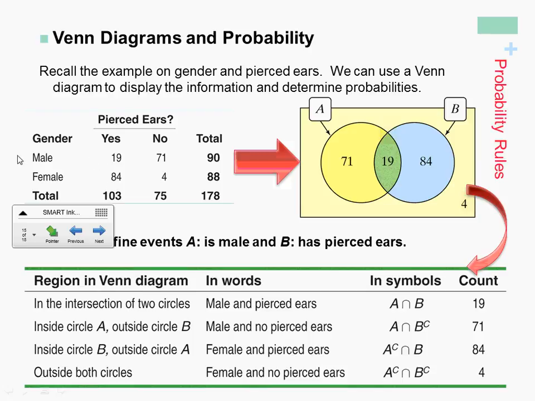I think the Venn diagram makes things a little bit more confusing. What about females and pierced ears? Well, I like to come over here and say females are right here and pierced ears. That means 84 of them, right? And then finally, female and no pierced ears. That's 4.